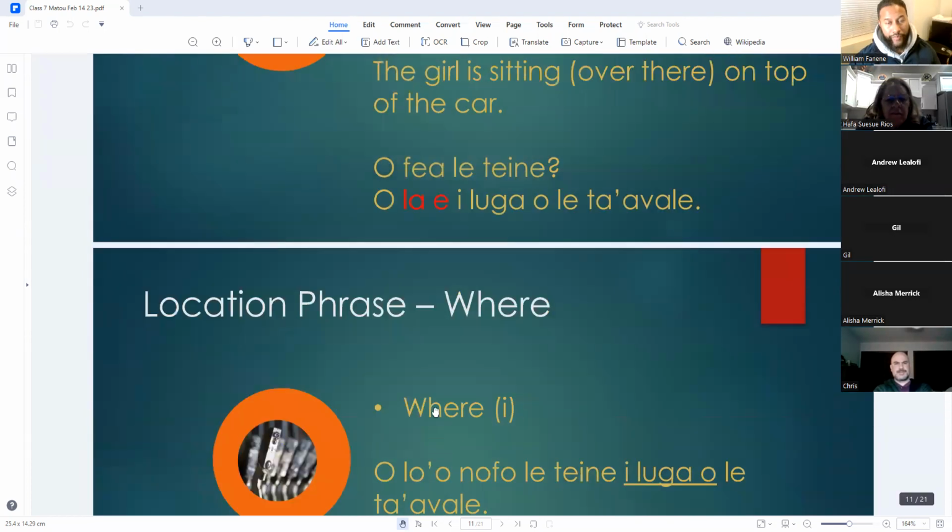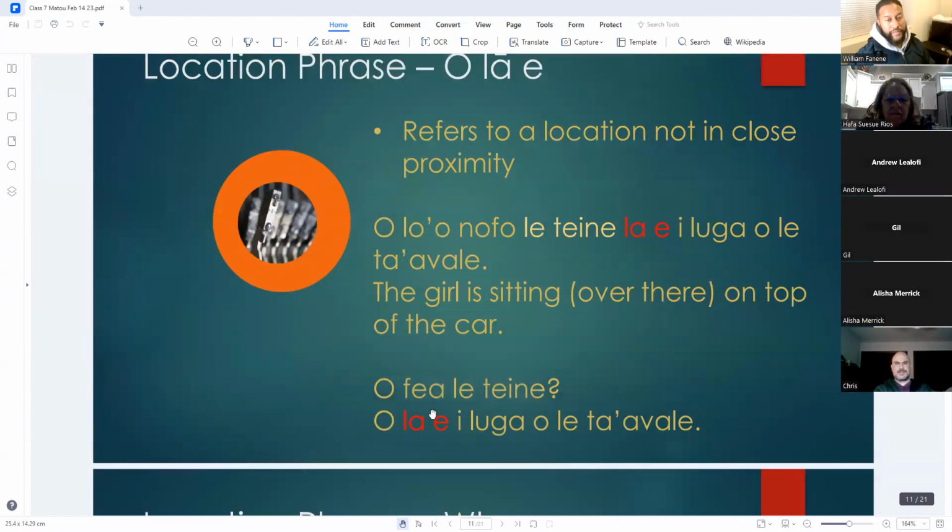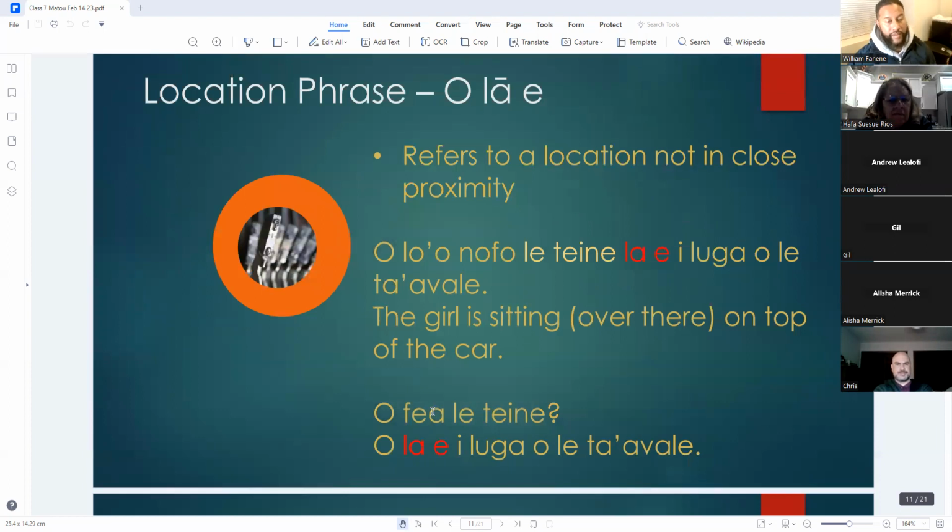On that one, just a quick question. Sure. On that one, you can also use, like, if someone were to ask you, where's your wife? Like you're at a party and you say she's at the house, you can say the same thing, like olae ilifale. Yep, olae ilifale, like over at the house. So yeah, the lae just kind of means, I guess if you remember week 2, we said lale or lela.